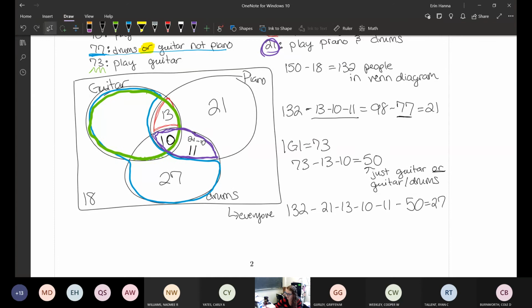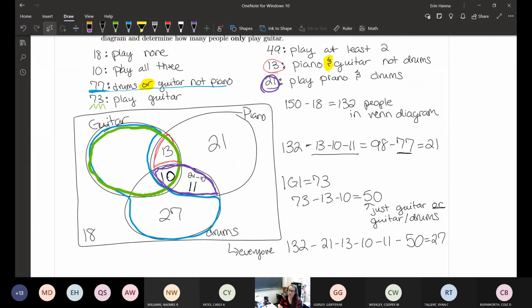Now we're almost done. Because now we only have these two pieces that we know must have 50 between the two of them. So how do we figure out how many people are in either of those pieces? I didn't mean to scroll down. I need a piece up here. So let's look back at the information that we have. We already used that 18 play none of them, 10 play all three. We've been using the 77 and the 73, and we placed the 13 and the 21.